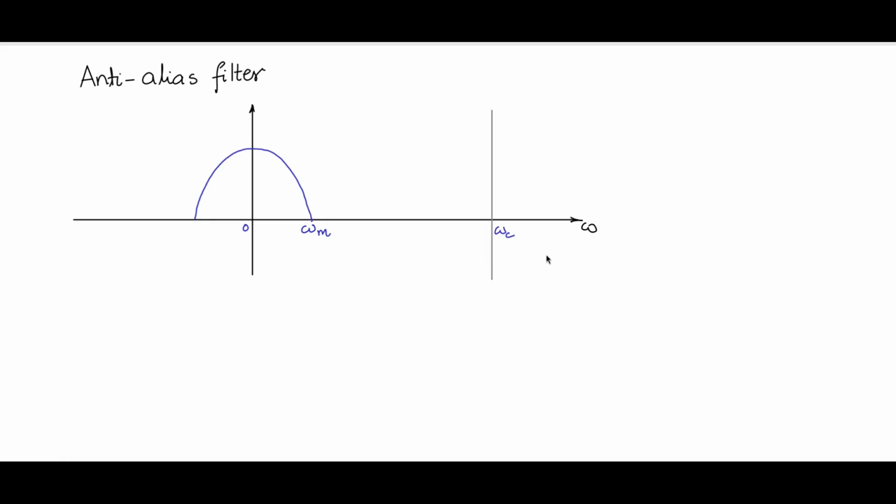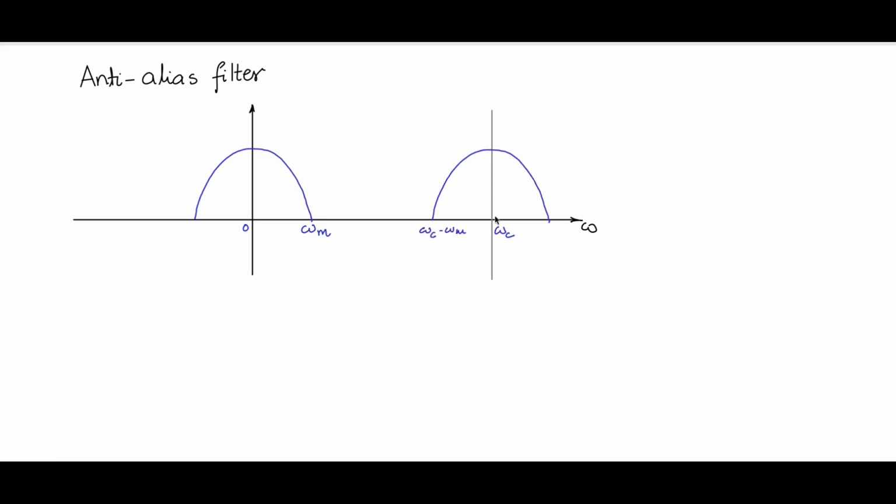So let's say at omega c I will sample it. This is the frequency at which I will sample it. The moment you sample it at that, you will see that there will be a duplication of this baseband signal around this sampling point.